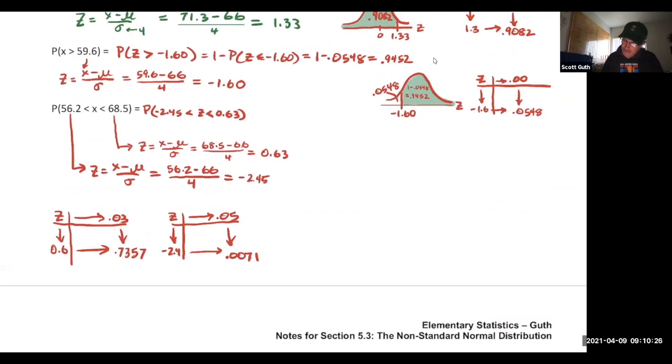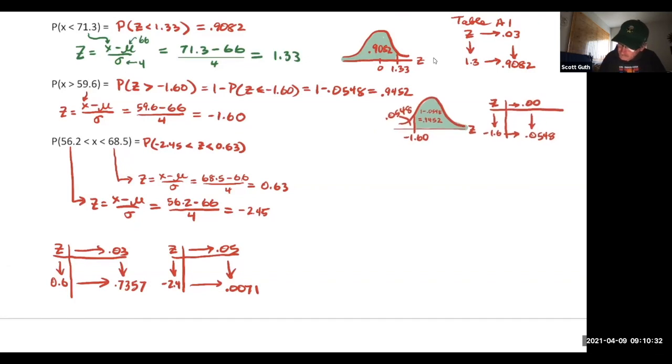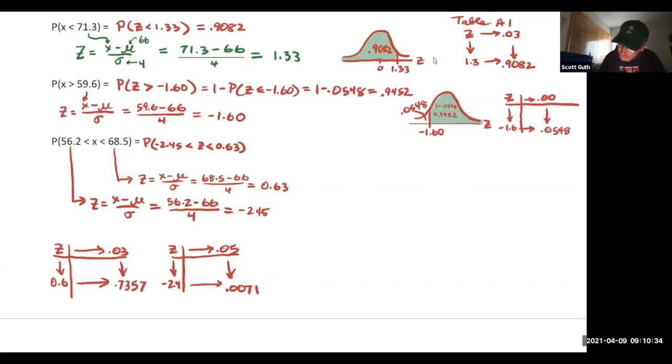And all you have to do now is just subtract the areas to get a final answer. So on this one, you're going to do the big area, 0.7357, subtract the small area, 0.0071, for a final answer.